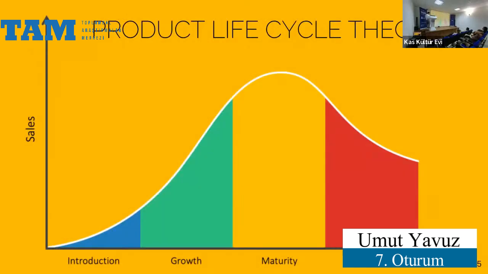This point is when the product enters the market for the first time, then it grows, reaches the top, and declines. This line can be longer or shorter, but it's always like this S shape, like all products. So why are we talking about this?